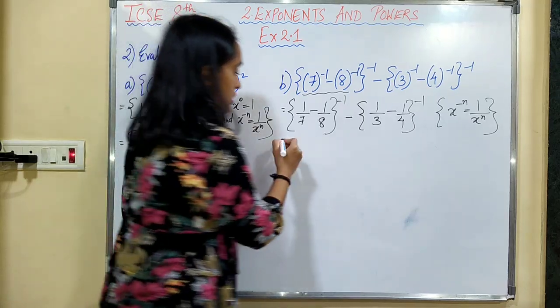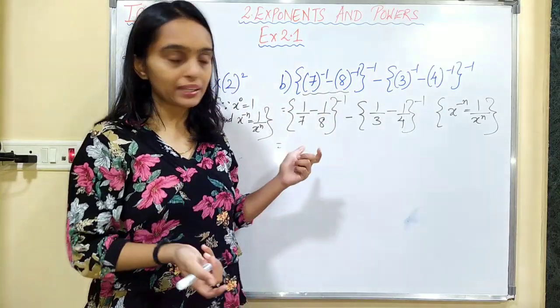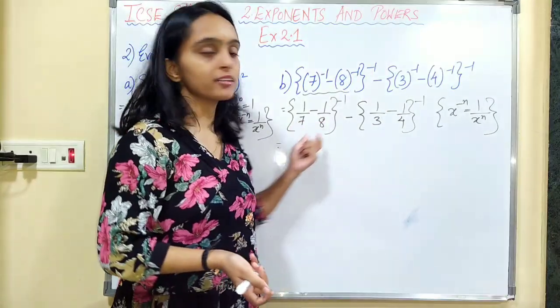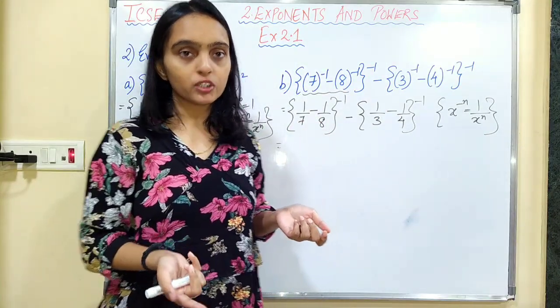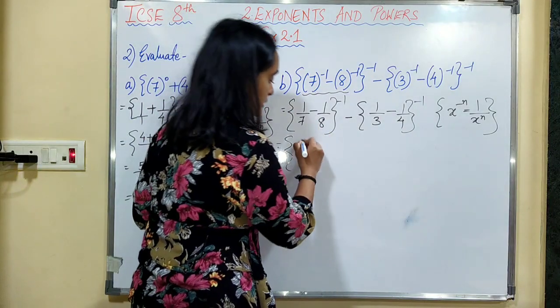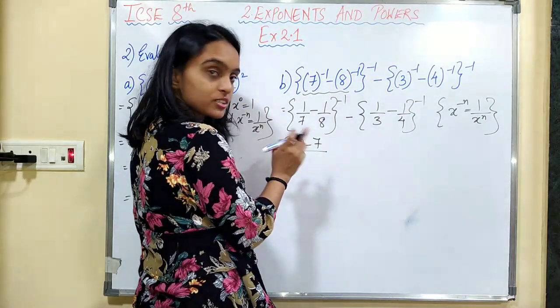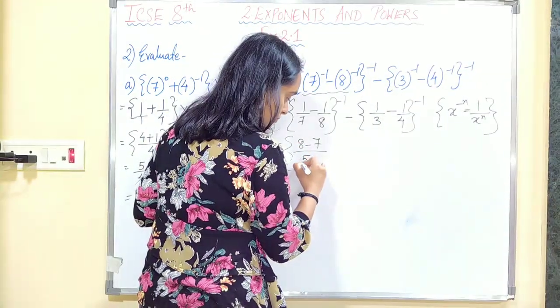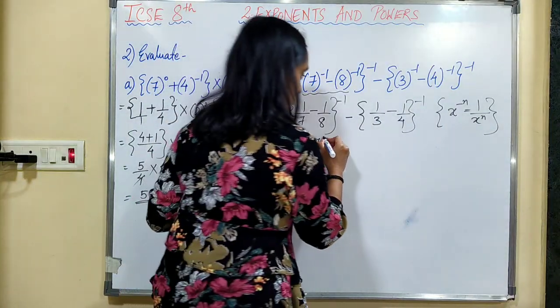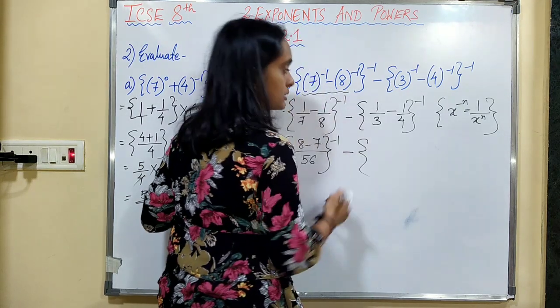Okay. Now here the rational numbers are there and we have to subtract them. So for subtracting we have to again equate the denominators. So we will cross multiply here. 8 ones are 8 minus 7 upon 7 8s is 56, raised to minus 1, minus.